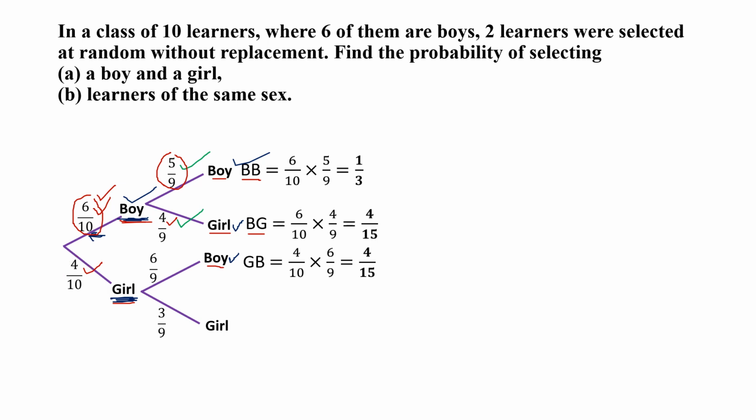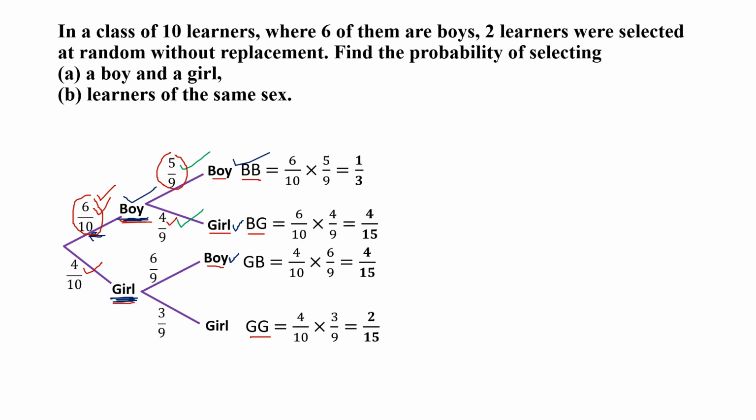Then let's move on to the probability of a girl followed by another girl, which is the product of 4/10 and 3/9, like this. That's a girl followed by another girl, right?